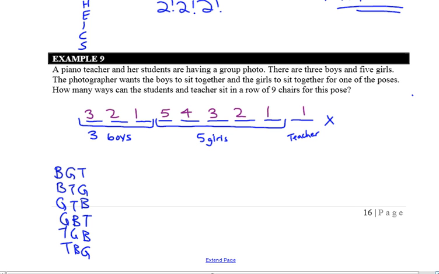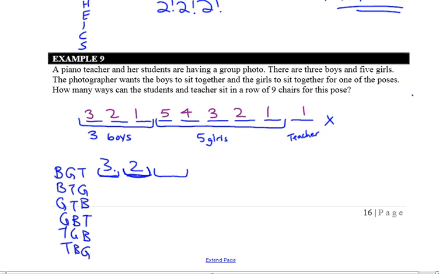So how do we get 6? Well, there's 3 different groupings. So in the first grouping, how many choices do I have? You could either put a boy, a girl, or a teacher. So you have 3 choices. The second grouping, we have 2 choices. Right?